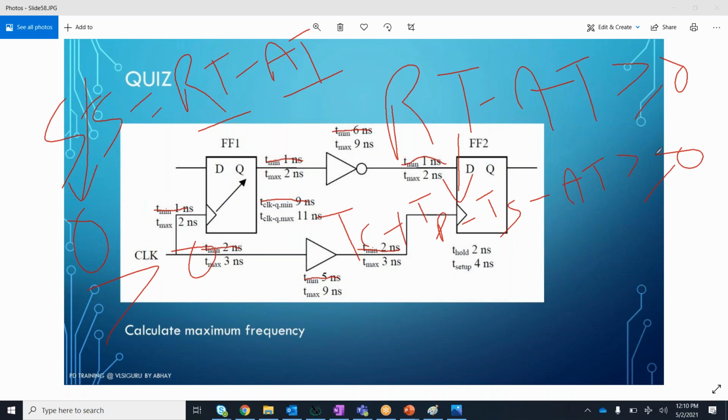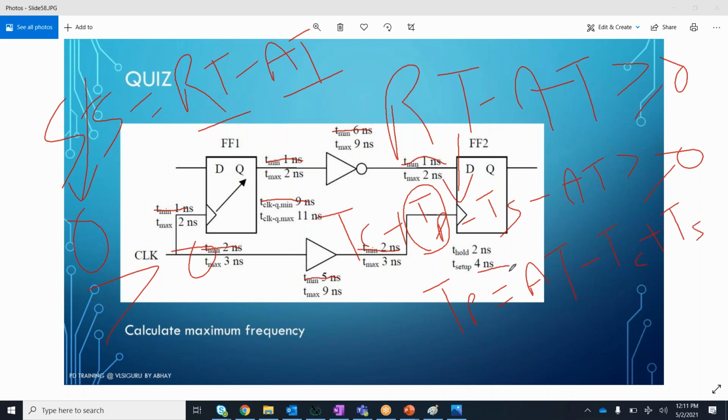Now I have to find the time period. So time period should be, arrival time is negative here, so here it will be positive: arrival time minus T capture plus T setup.